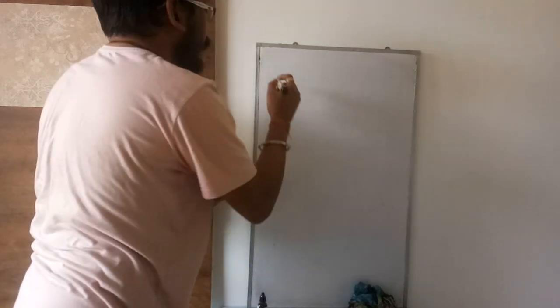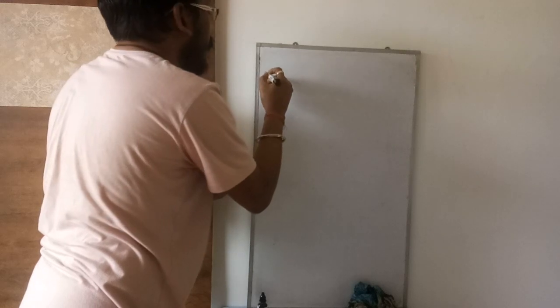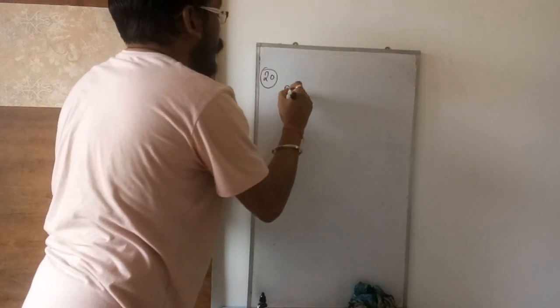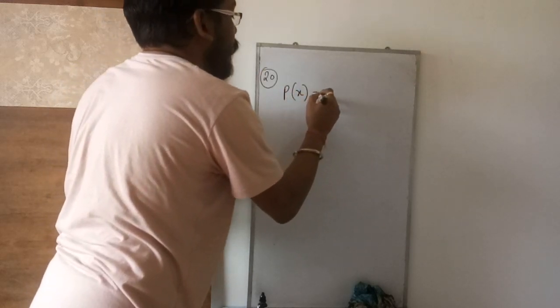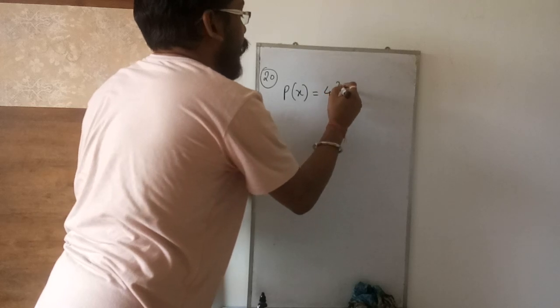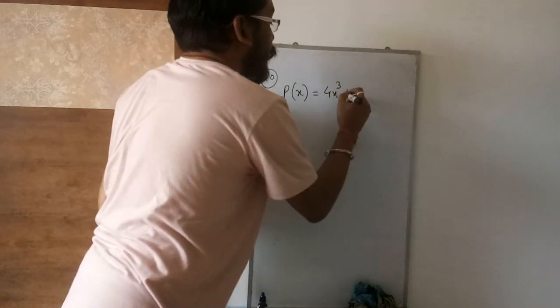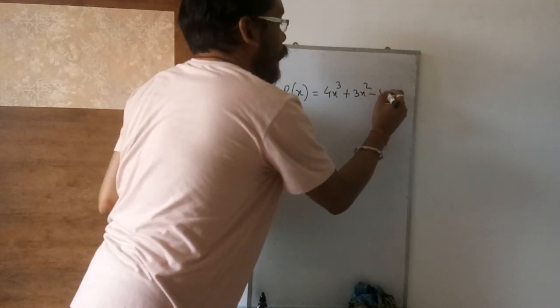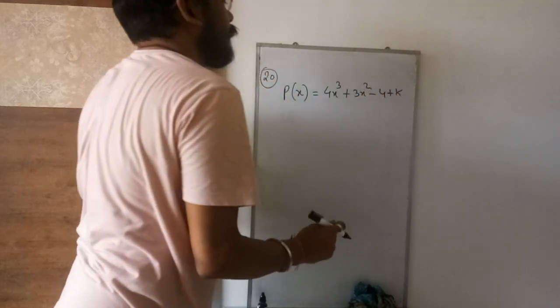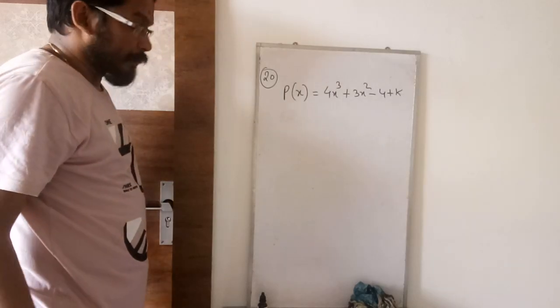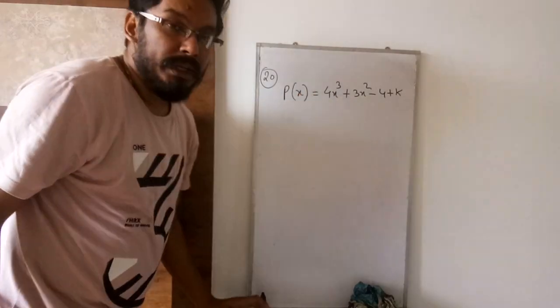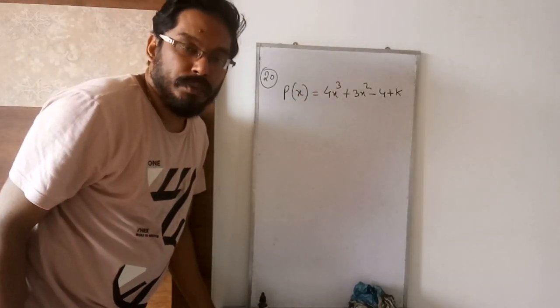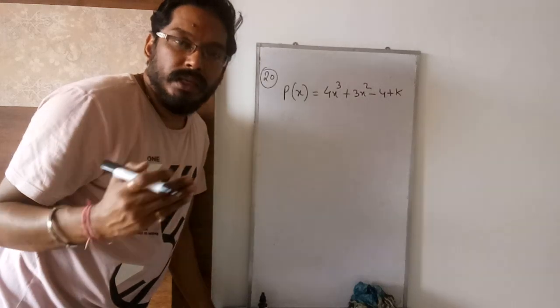So let me write question number 20. It is 4x cube, I am rectifying it. P(x) equal to 4x cube plus 3x square minus 4 plus k. So for this polynomial, what is the factor? X minus 1 is the factor.